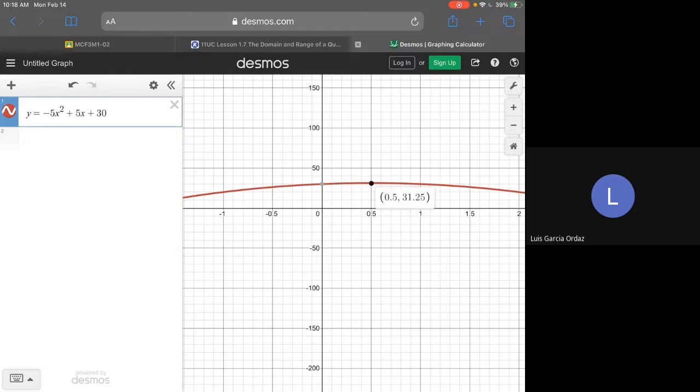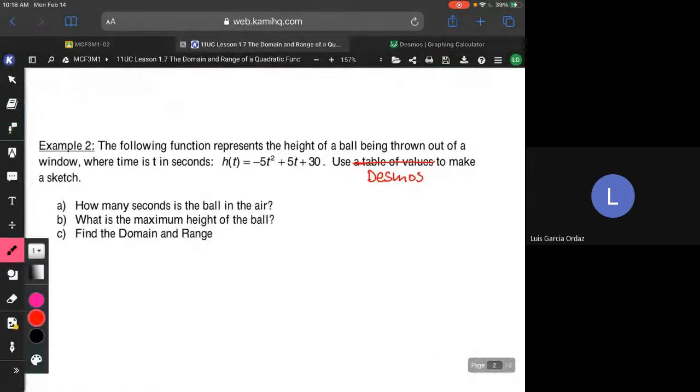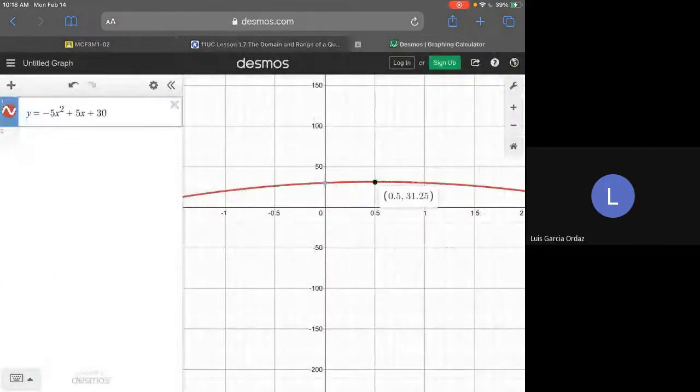So my vertex is going to be this point over here. Can someone read that? What's the vertex of this graph? Rita? Is that 0.5? Yep. 31.25? Yep. So my graph is going to look like this. This is my vertex. It's 0.5 and 31.25.